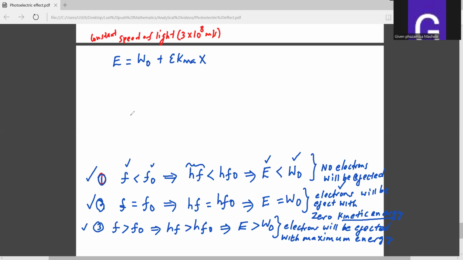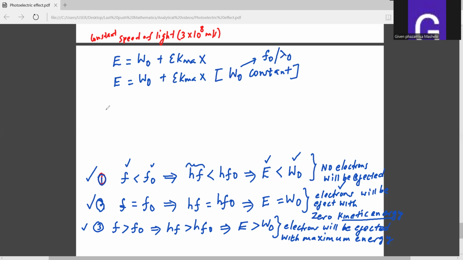Let's say now I want to compare the relationship between E and EK maximum, but this time around, I want to make W naught constant. Remember, the only way to make W naught constant is to make sure that your cutoff frequency is the same, or the lambda naught is the same.